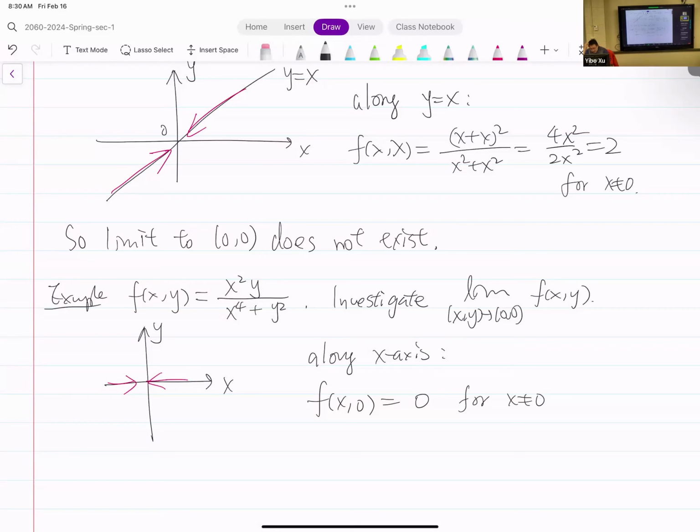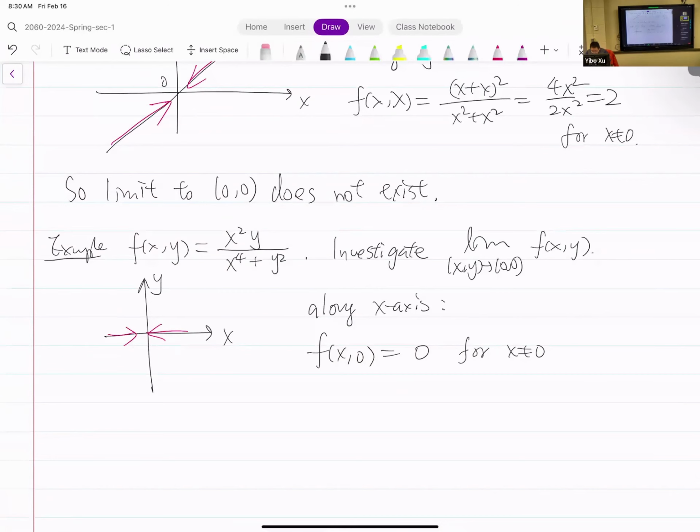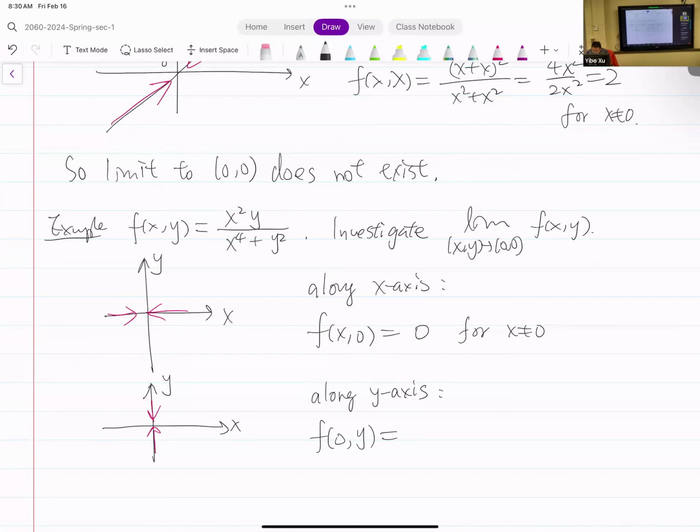So basically this just says that when we approach along the x-axis, it's always going to be a constant. And if you do that along the y-axis, you can imagine it's the same thing. The expression is a little bit different, but it's constant 0, because if you plug in 0, y, we have 0 over y squared.